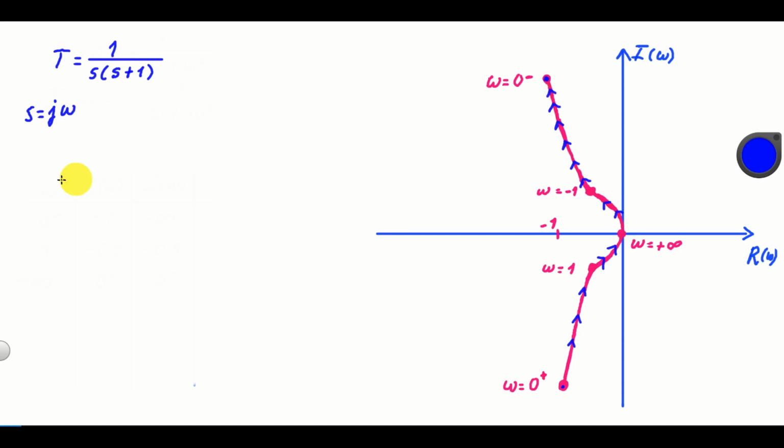Now, when we are close to 0, we are going to use a different substitution. To illustrate this substitution, I will sketch another graph. Here it is. Over here is our original imaginary axis, j omega. And here is 0.